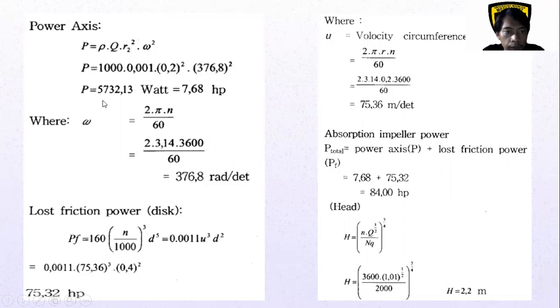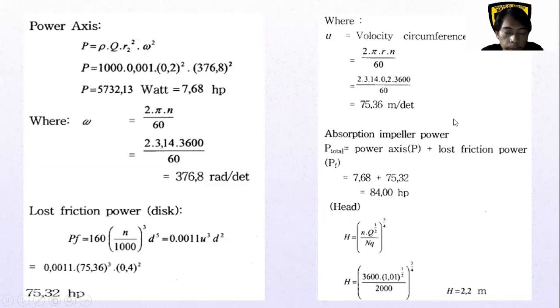Power axis P value is this value and omega value plus friction power value, where velocity circumference is this value and absorption impeller power height is this value.